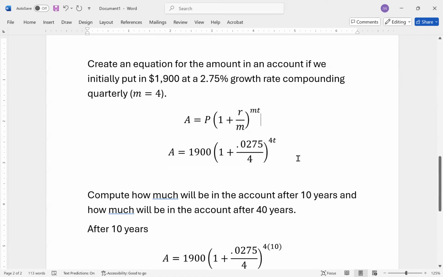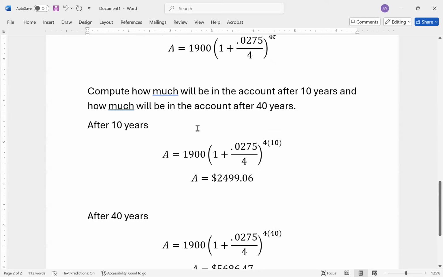And we're basically every quarter, so every 4 times per year, we recalculate how much is in the bank. So that's what's happening in this case. But the point is, this was a slower rate of growth than the previous one.